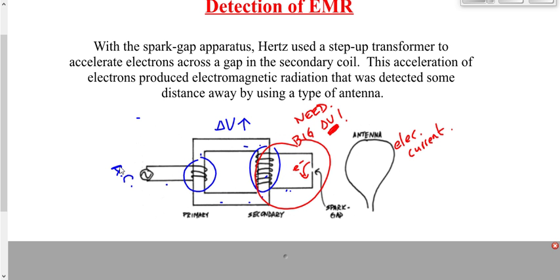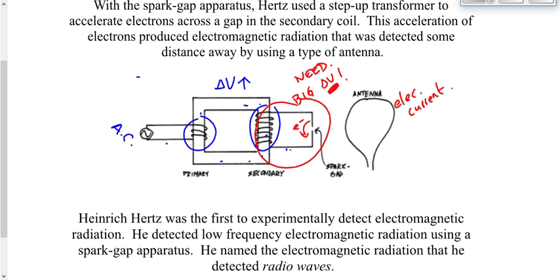Well, maybe because the type of EMR that he detected was radio waves. He called them radio waves. We didn't distinguish between types of EMR before this, right? Because nobody ever detected it before. You detect EMR for the first time, you get to call it whatever you want. We now classify them in terms of radio waves, microwaves, infrared, and so on.